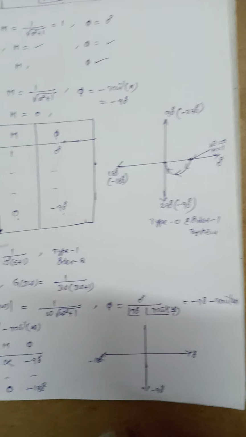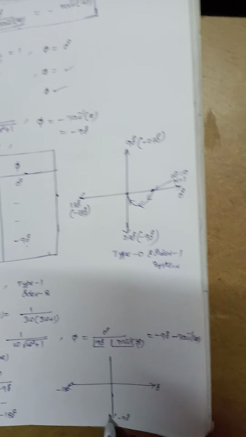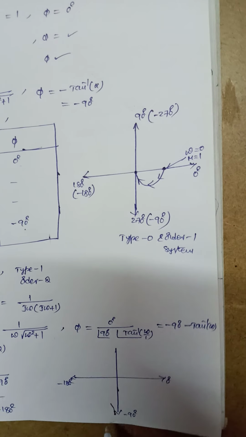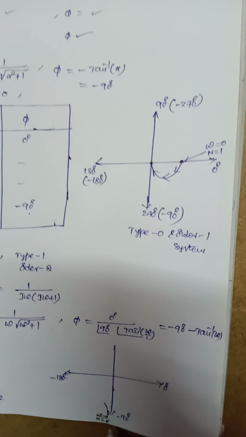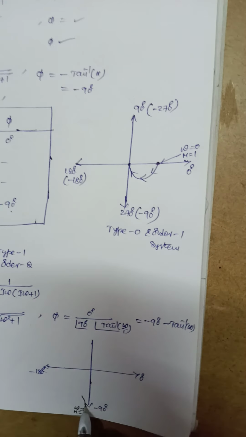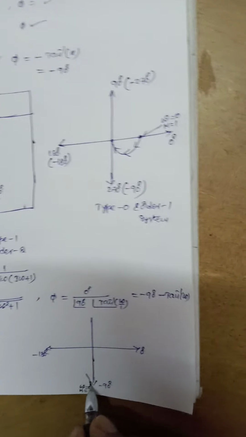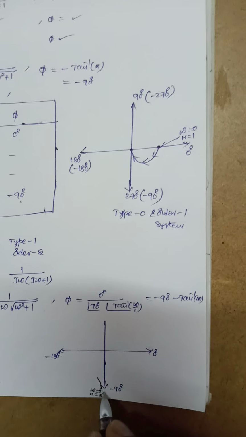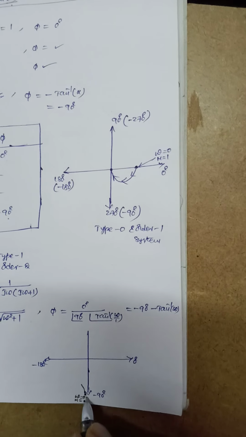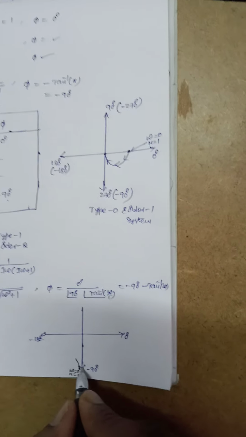The point at omega is equal to 0 has magnitude infinity, which means this point doesn't touch this line. Why? Because it is at infinity. The magnitude from here to here is infinity, so this point will not touch this line here.